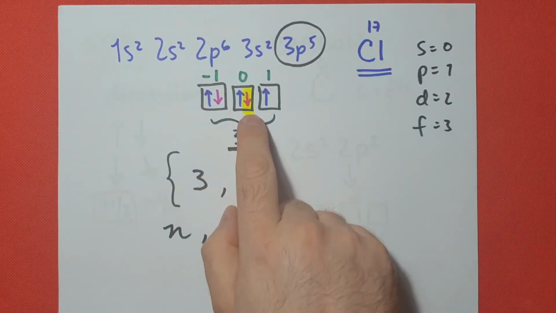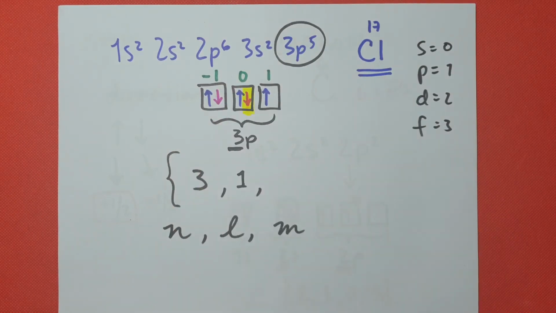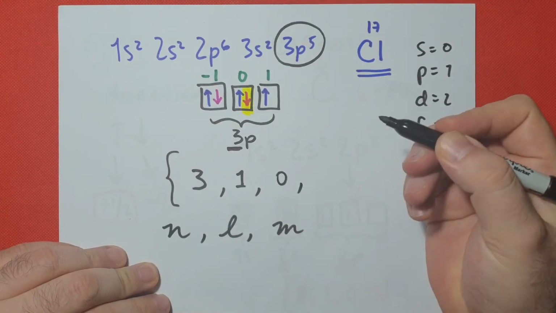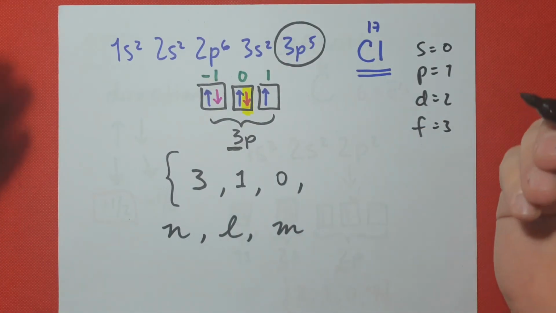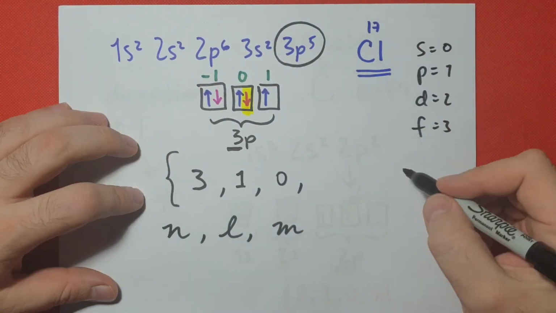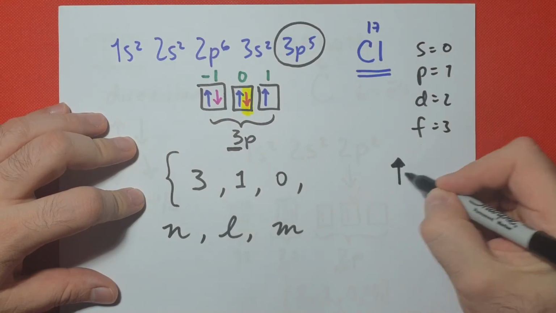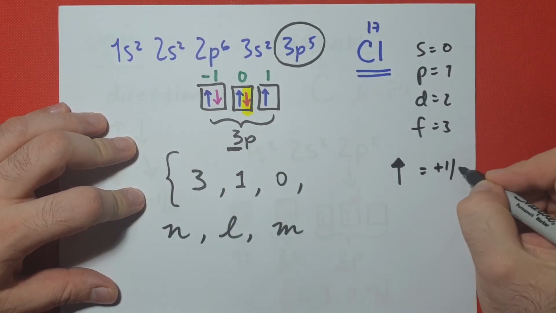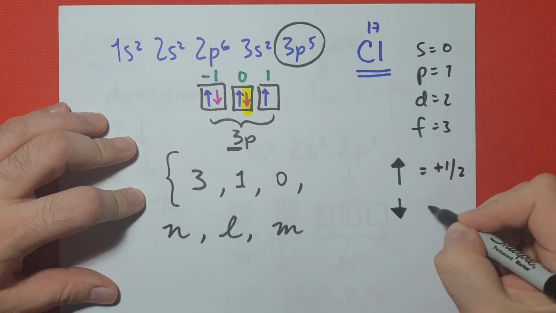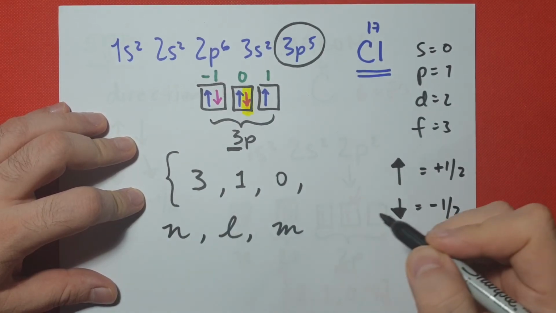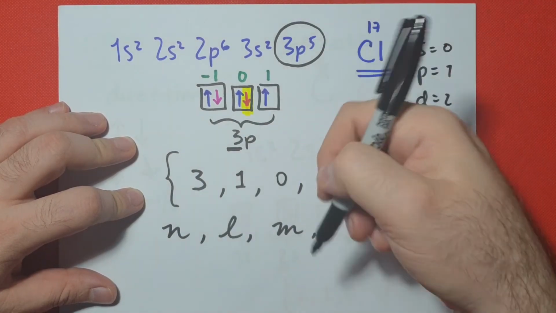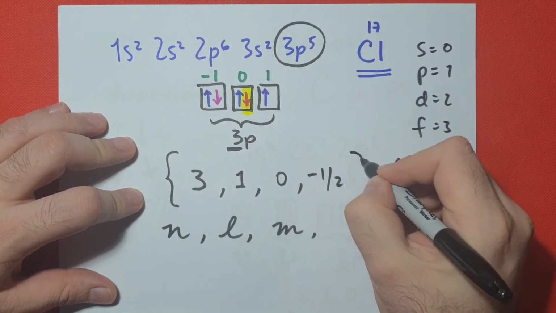So our yellow electron, the one we highlighted, is in box 0, so our magnetic quantum number is 0. And last but not least, was it an up spin or was it a down spin? Remember, up spins are positive 1/2, and down spins are negative 1/2. So in this case, our yellow electron is pointing down, negative 1/2.